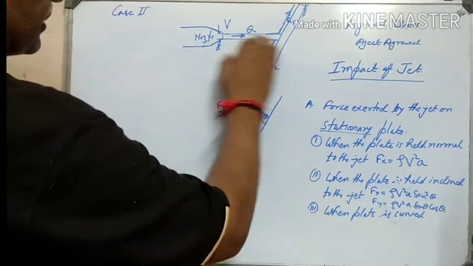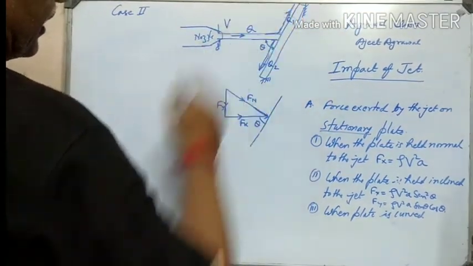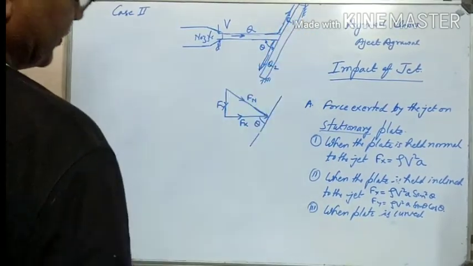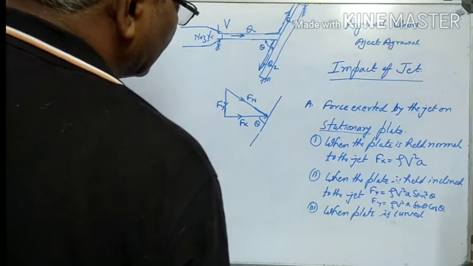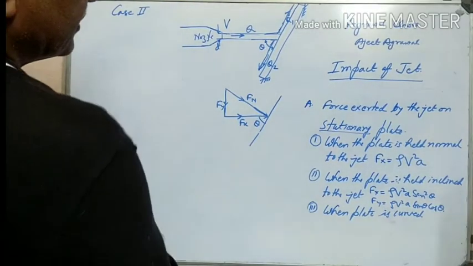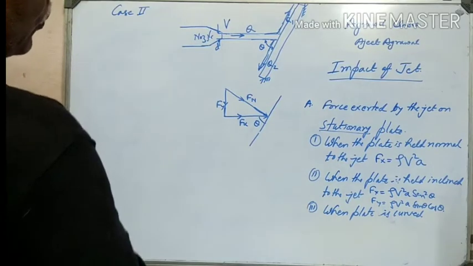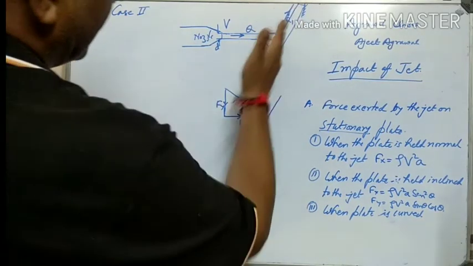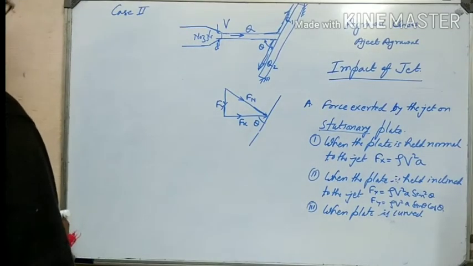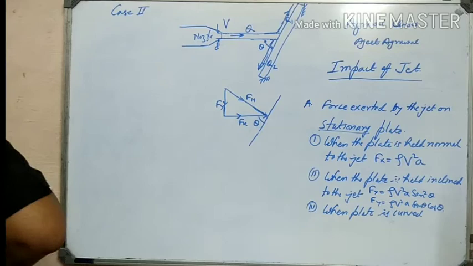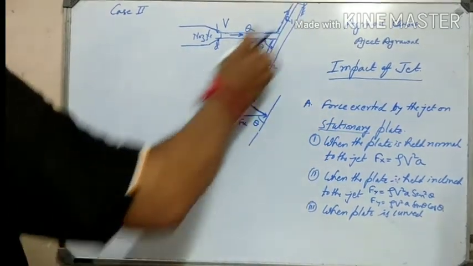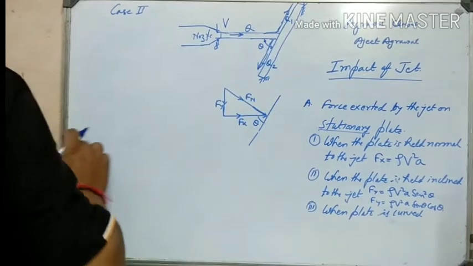As the fluid is striking on the inclined plane, the jet is divided in two parts, Q1 and Q2, and if we wish to find out the value of Q1 and Q2, then we can take the force parallel to the plate. Parallel to the plate, the force will be equal to 0, so we will apply the momentum equation for this particular plate in the parallel direction.